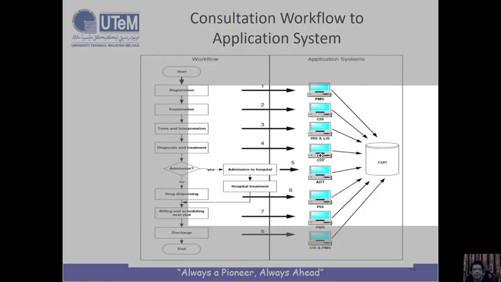Yeah. So the objective of computerization is to improve the process. If you develop a system that is the same as or worse than the current system, this is considered a failed system.